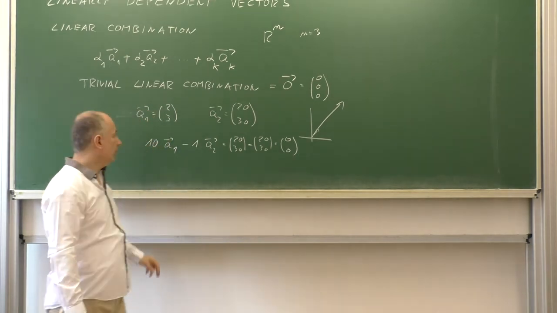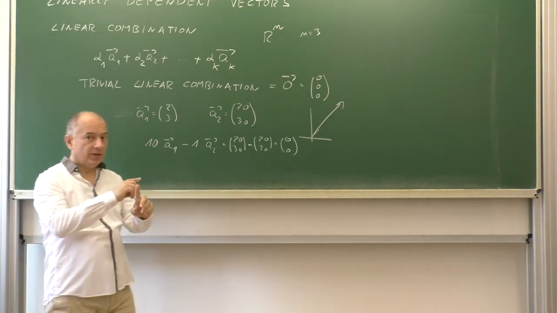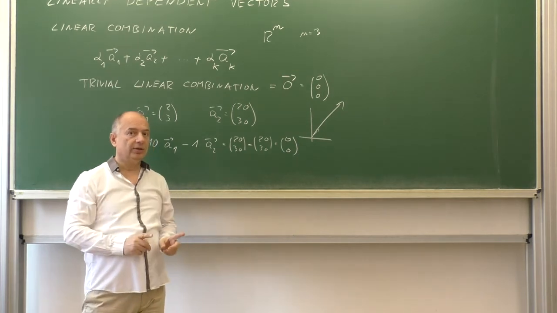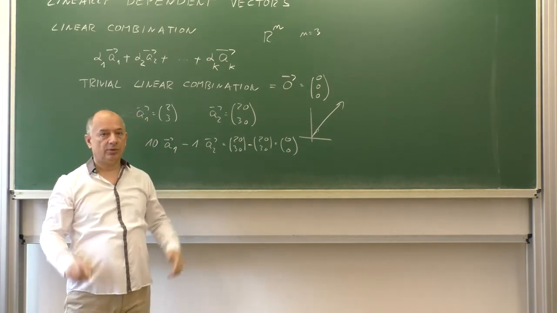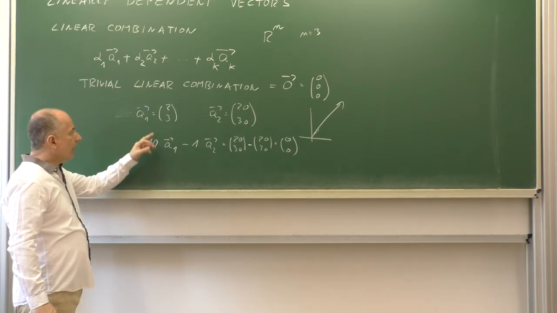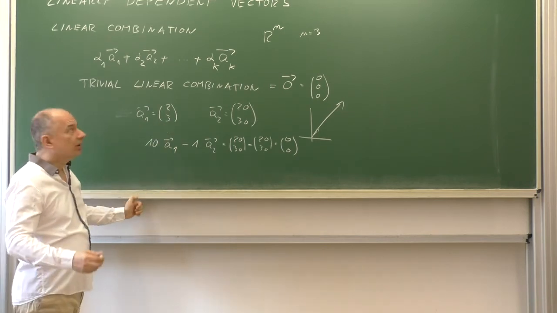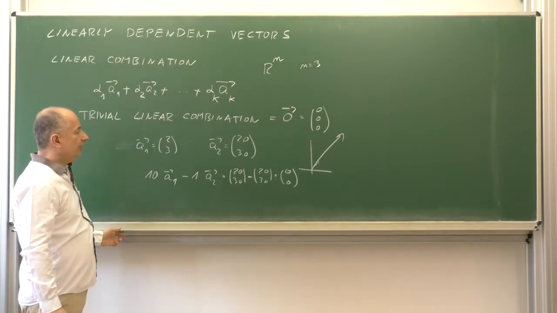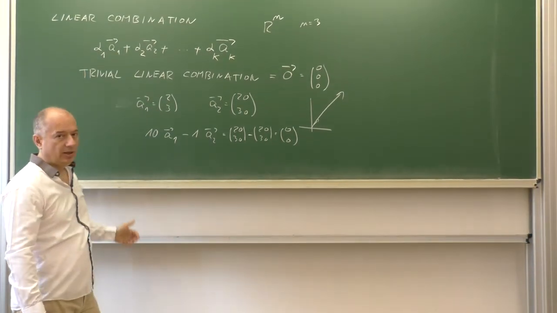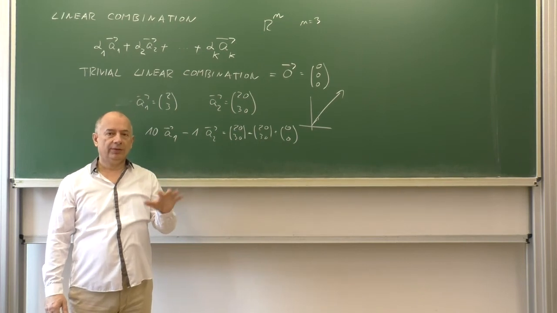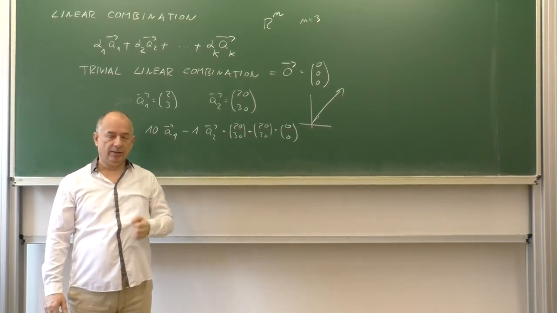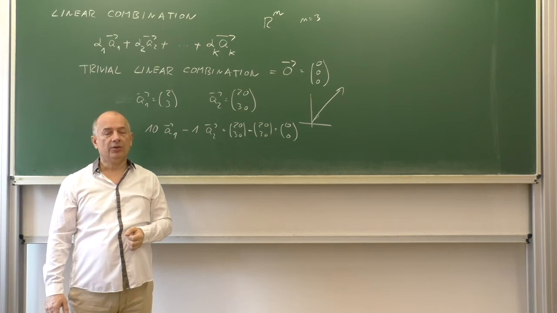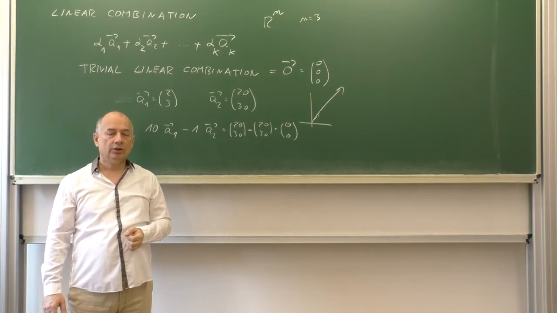But this is only possible if there is some special relation between the vectors. They cannot be just randomly chosen. And this special property is called that they are linearly dependent. So the definition goes this way. We say a system of vectors is linearly dependent if there exists a non-trivial linear combination equal to 0.